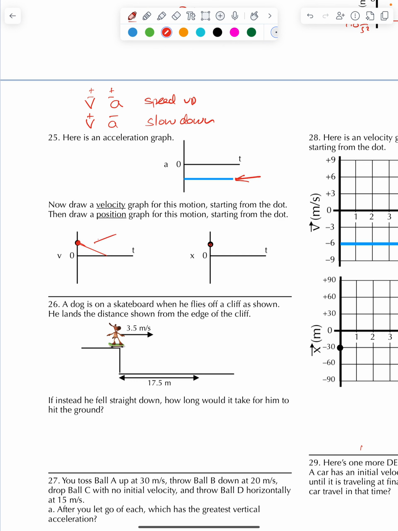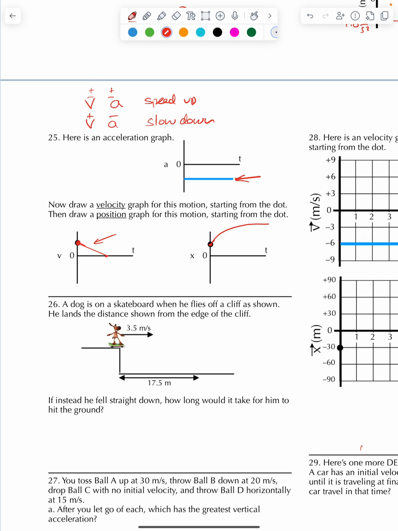What does this show? Something with a positive velocity that is steadily slowing down, right? So here's our thing here. We need a positive velocity, so which way do I need to go? Well, positive velocity means it is heading in the positive direction, but I need it to slow down, so it'll look something like this, right? Oops, I didn't mean for it to snap like that. So it slows down like that, okay?